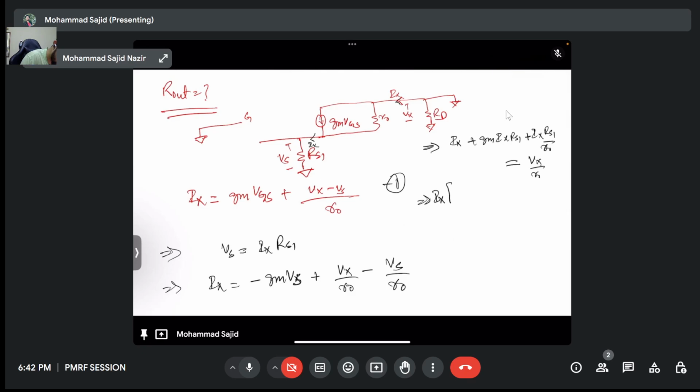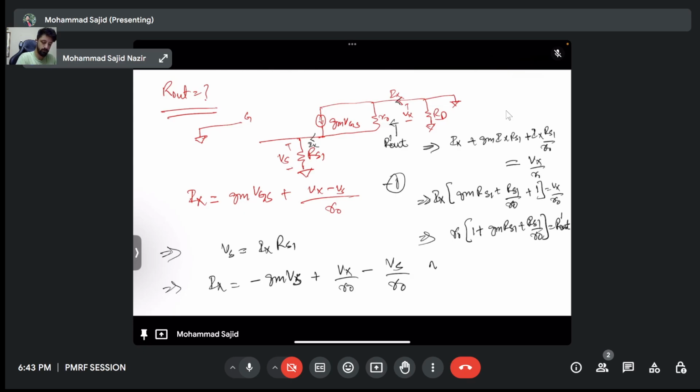Taking Ix common, this is GM Rs1 plus Rs1 by R naught plus 1 is equivalent to Vx by R naught. So Vx by Ix is R naught times 1 plus GM Rs1 plus Rs1 by R naught. So this is my R out dash.